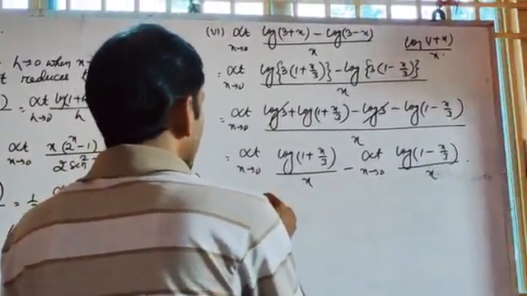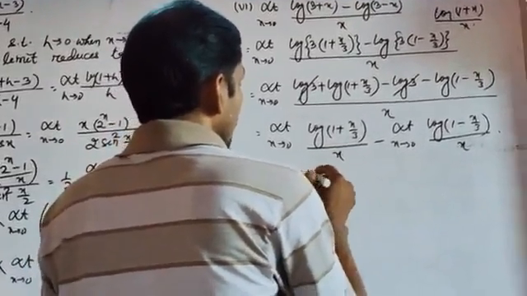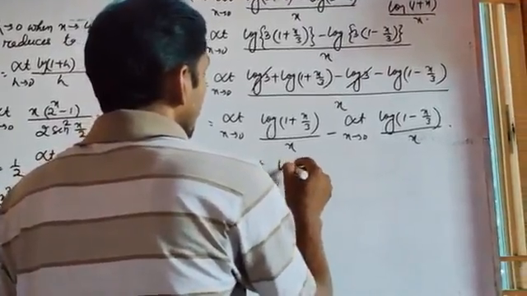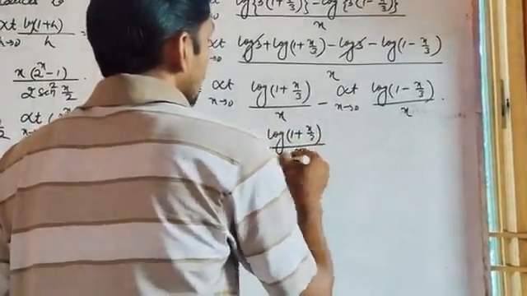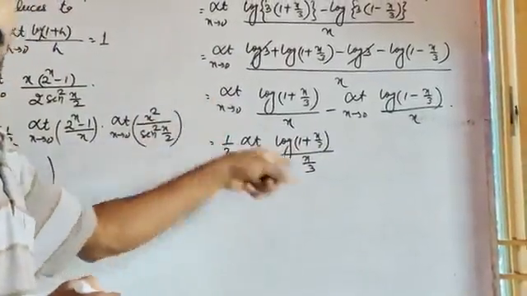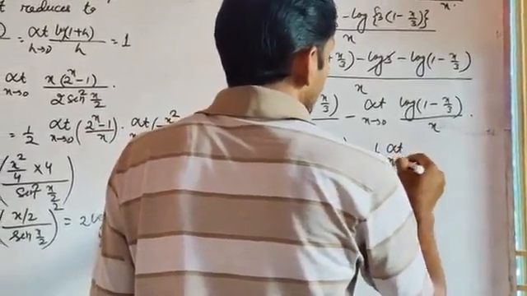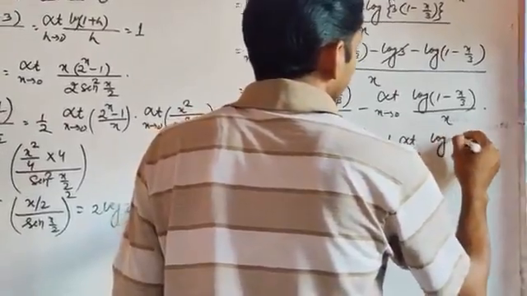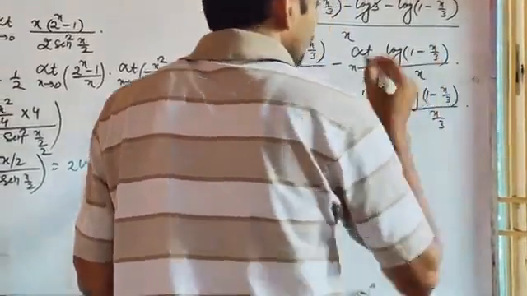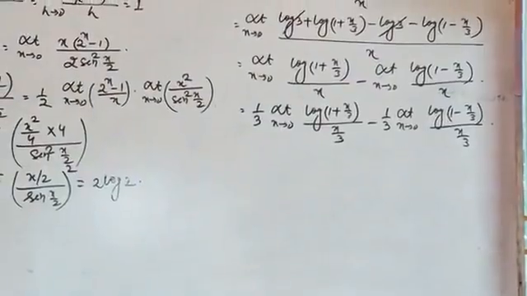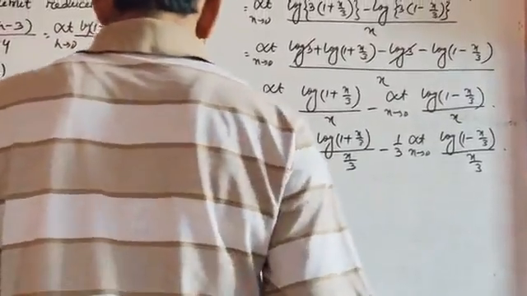So you can write this as 1 by 3 limit x tends to 0 log 1 plus x by 3 by x by 3, we have multiplied and divided by 1 by 3, minus here also 1 by 3 limit x tends to 0 log 1 minus x by 3 by x by 3.